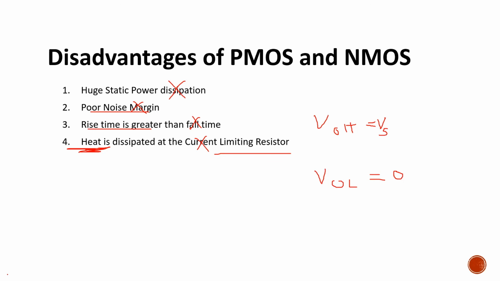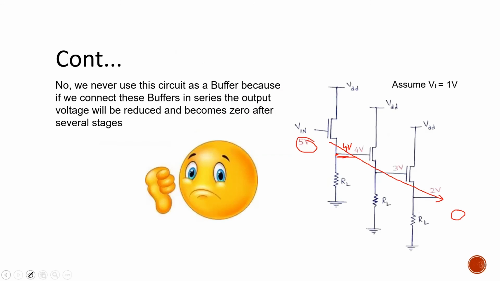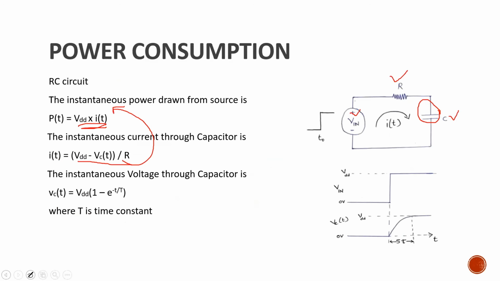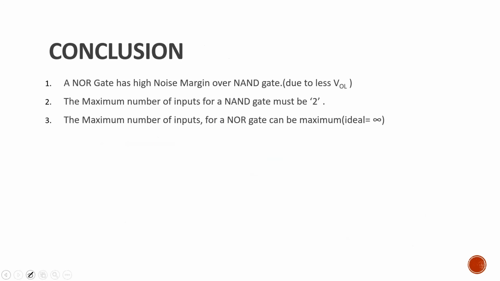Are you speaking regarding the NAND gate or NOR gate? Let me go to that slide. Is this what you are speaking of? Can you explain how in a NOR gate we can connect the maximum number of inputs? Here, my point is, you can connect the maximum number of inputs.